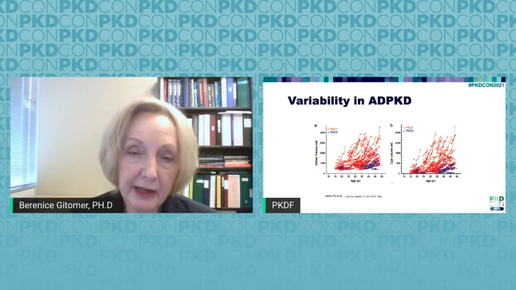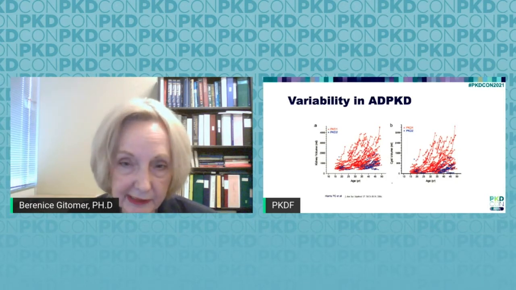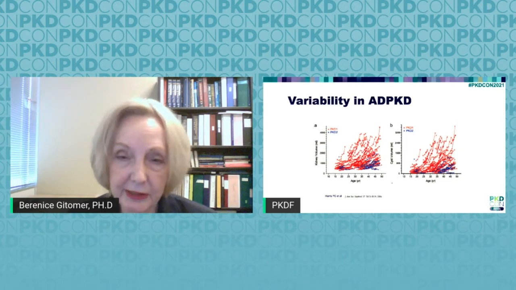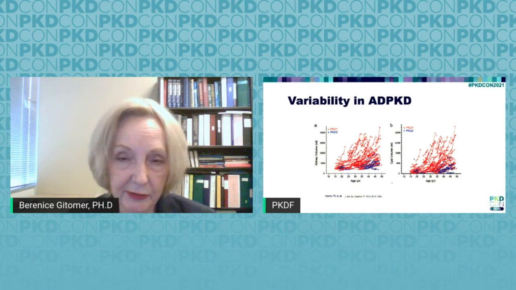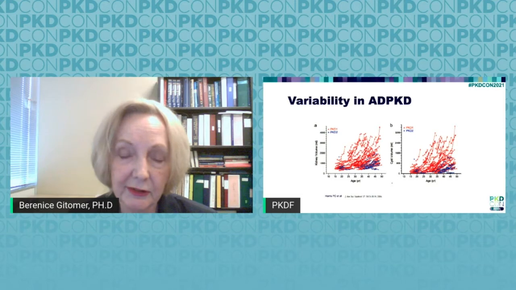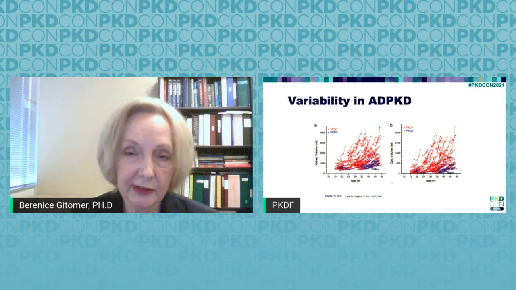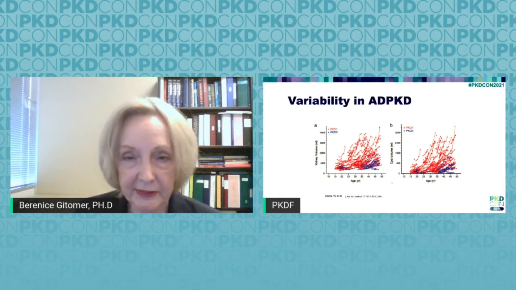So you can have a wide variety of total kidney volume, even if you have PKD1. Typically, the kidneys will be larger than those with somebody who has PKD2, but you can see there's a lot of variability in kidney size, kidney volume. Next slide, please.